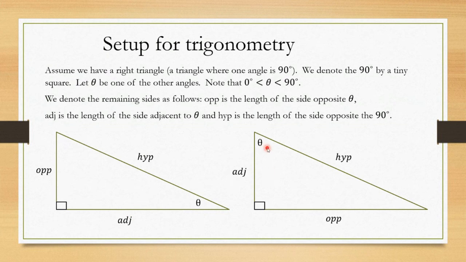Now you could put theta up here if you wanted to. Hyp is still the length of the hypotenuse. The hypotenuse is, again, the side opposite the 90-degree angle. So this is still the same. This is the length of the side next to theta. OPP here, this is the length of the side opposite theta. So if you put theta up here, these two are going to switch. In other words, that's okay.